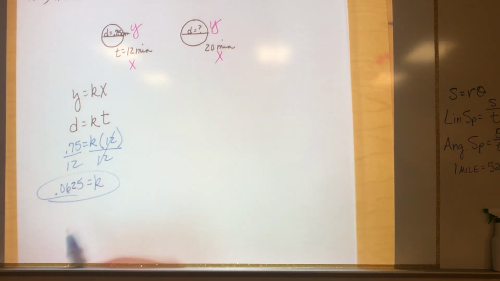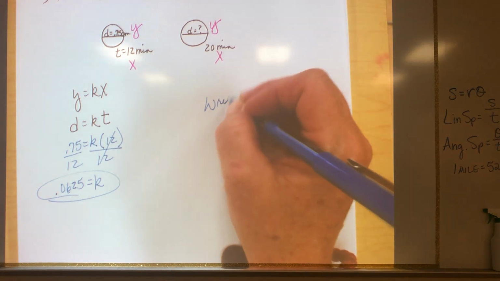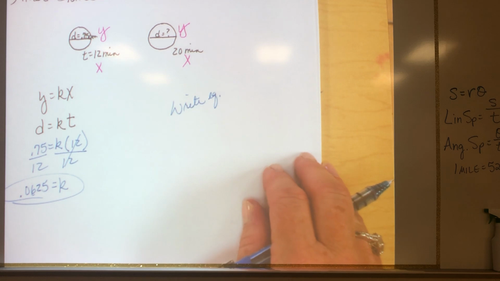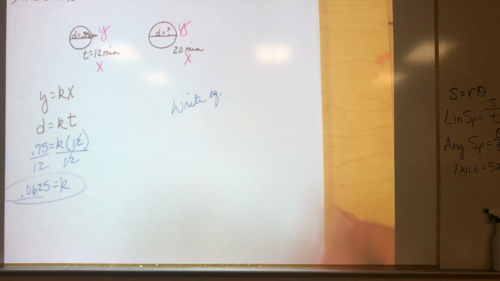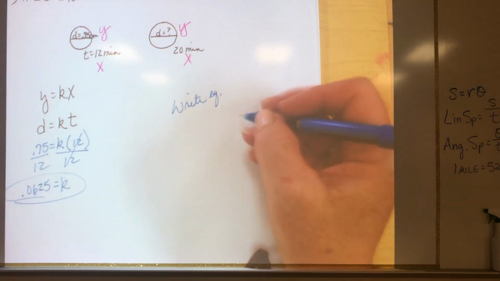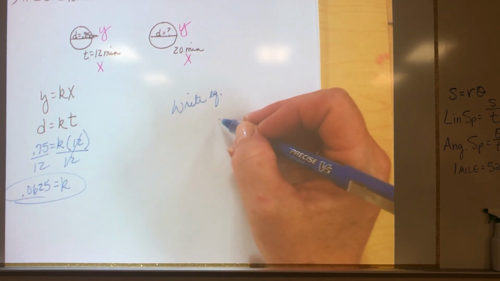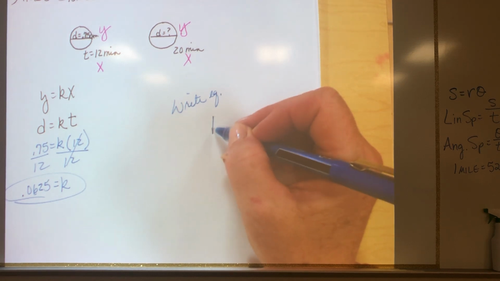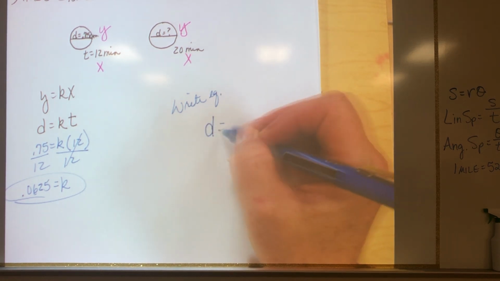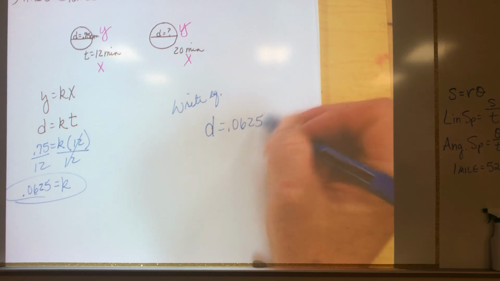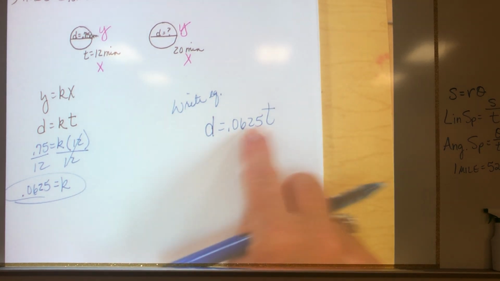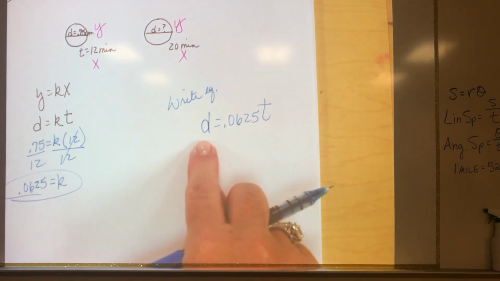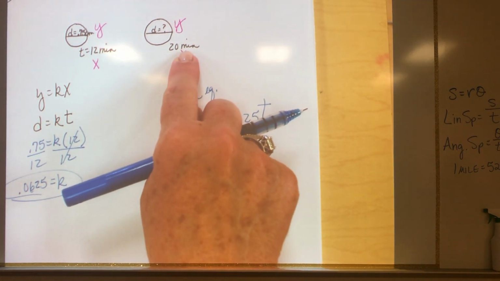So there it is. Write me an equation that relates diameters and times of hailstones. What's your equation going to be? D equals 0.0625 T. Yeah, D equals KT, D equals 0.0625 times T. Now we're going to use this equation to figure this one out.